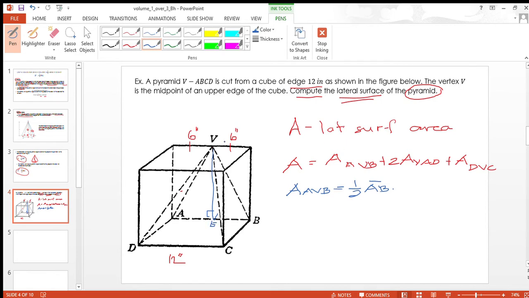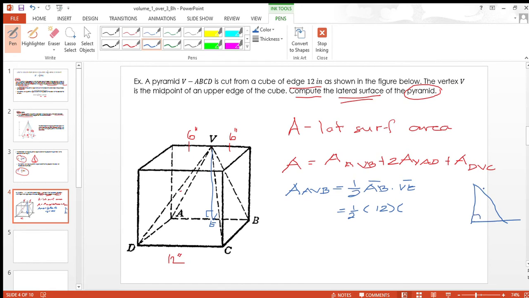So that will be 1/2 AB times the height. What's the height we have there? Height VE. So question, do we know AB? AB is given, that's 12 inches. How about VE? VE is not given, but if you try to isolate one of the right triangles there, this is triangle VEB.